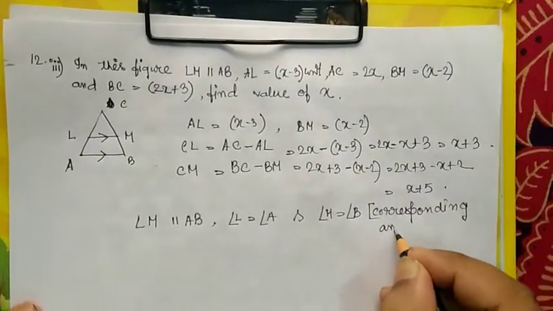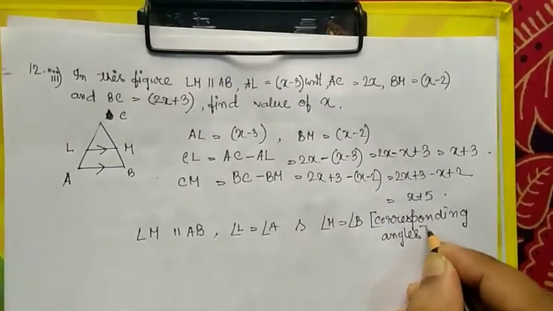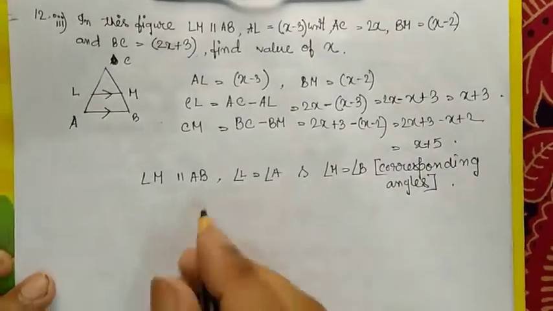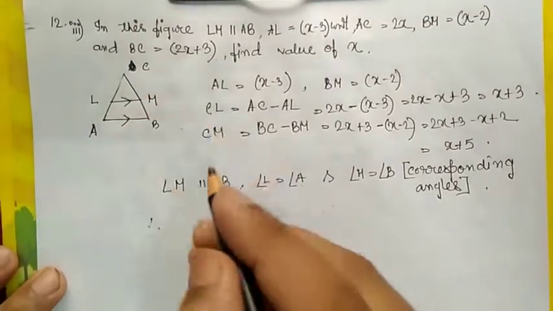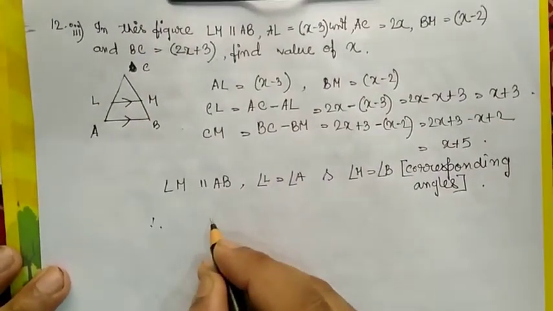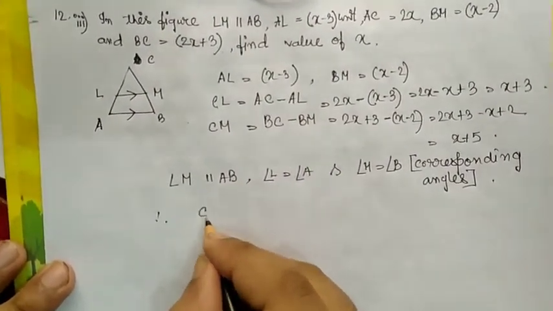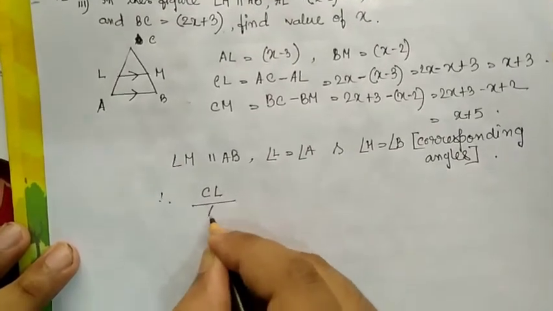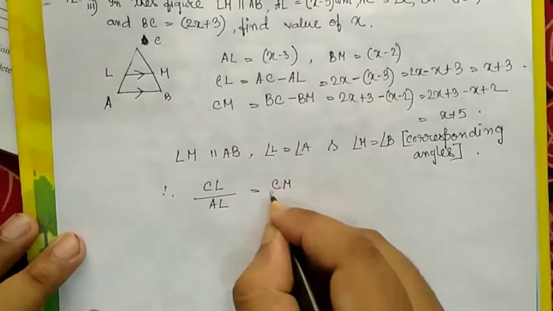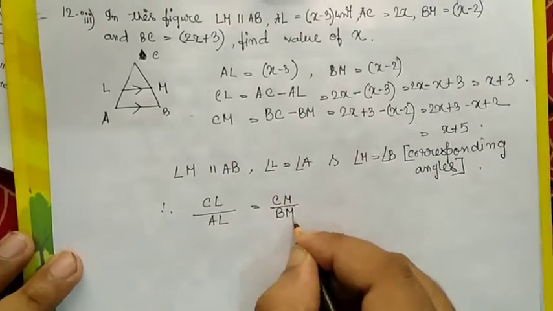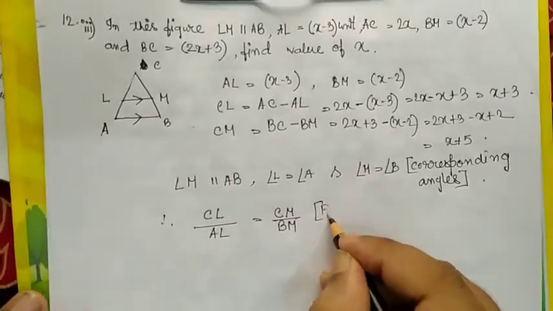So from Thales theorem we can say that CL by AL equal to CM by BM.